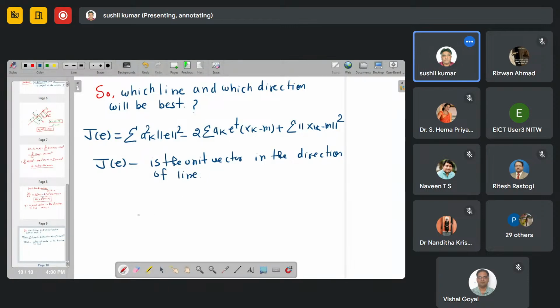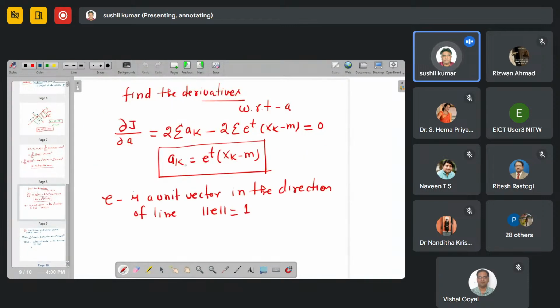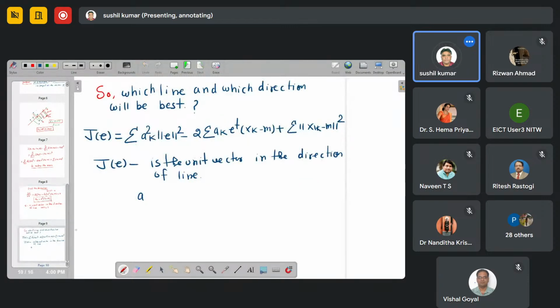Now from this equation, a of k is equal to e transpose (xk minus m).